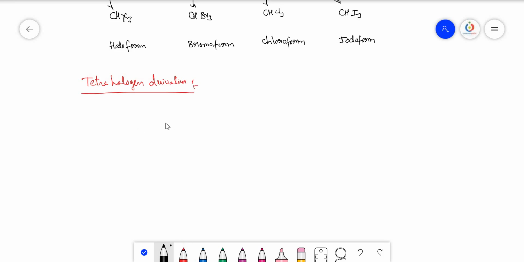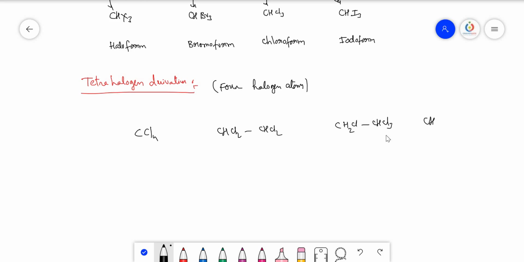So in the case of the tetrahalogen derivatives, these will have 4 halogen atoms. I will take some examples: CCl4, CHCl3, CH2Cl2, CH3Cl.